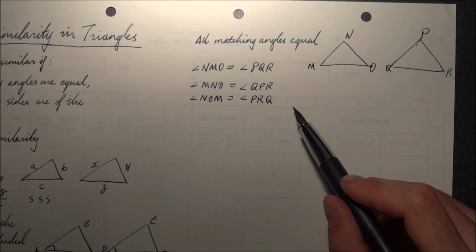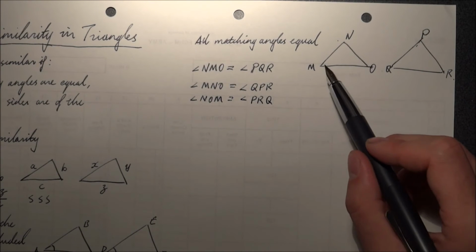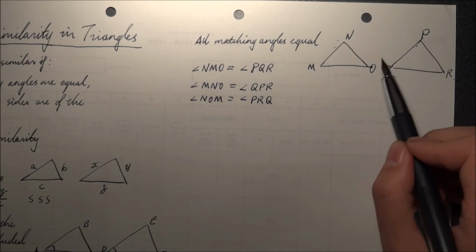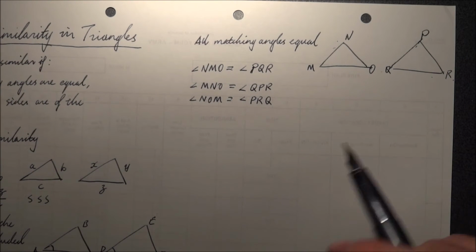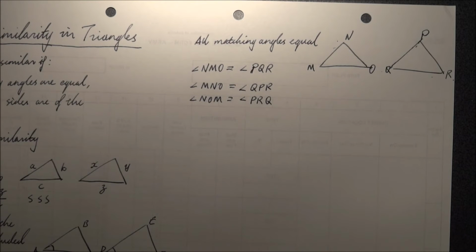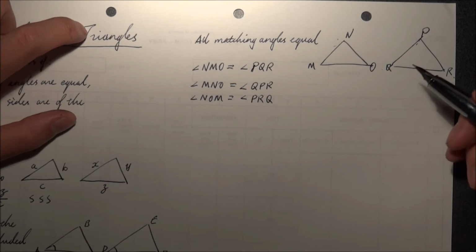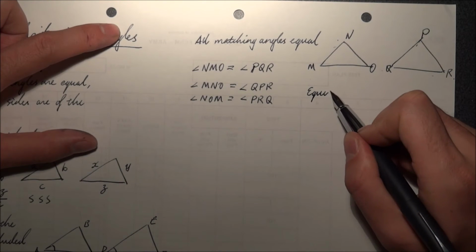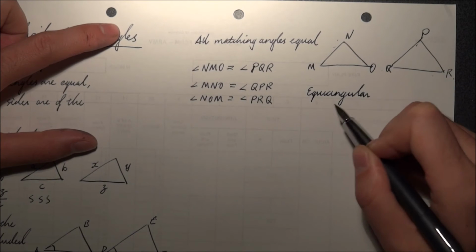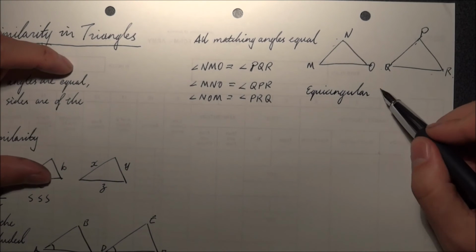If all three are satisfied, so all the matching angles are equal, then we can say that these two triangles are similar. Because they don't have to be the same size, we do not need an extra side to restrain the size. The shorthand is equiangular, but some people write AA.